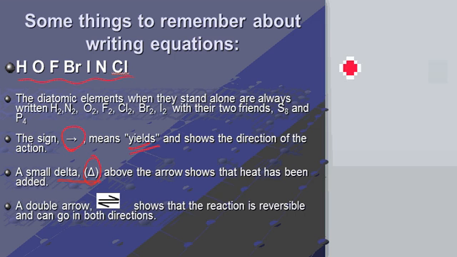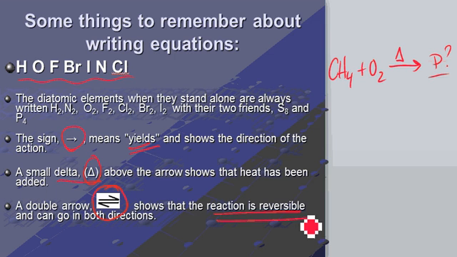So we may have reactions like CH4 plus O2 with heat added to then create the products, whatever they are. Double arrows show that the reaction is actually reversible and can go in both directions.